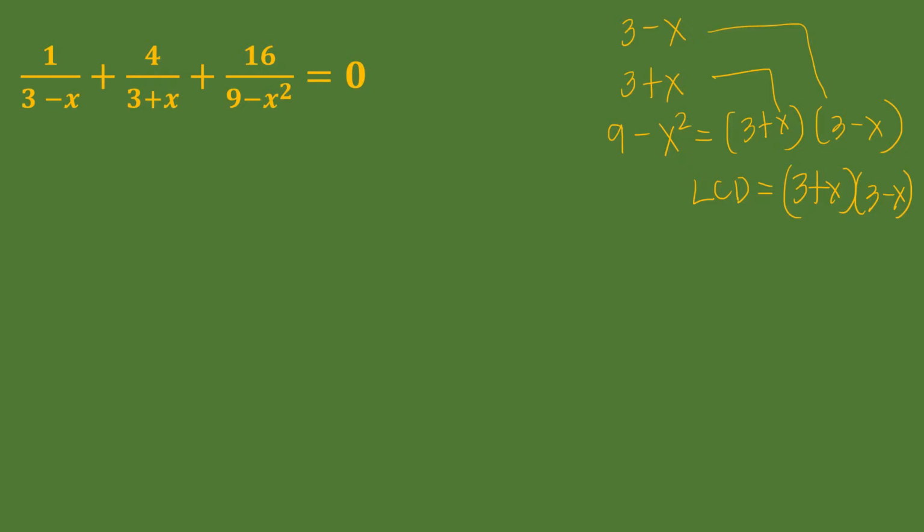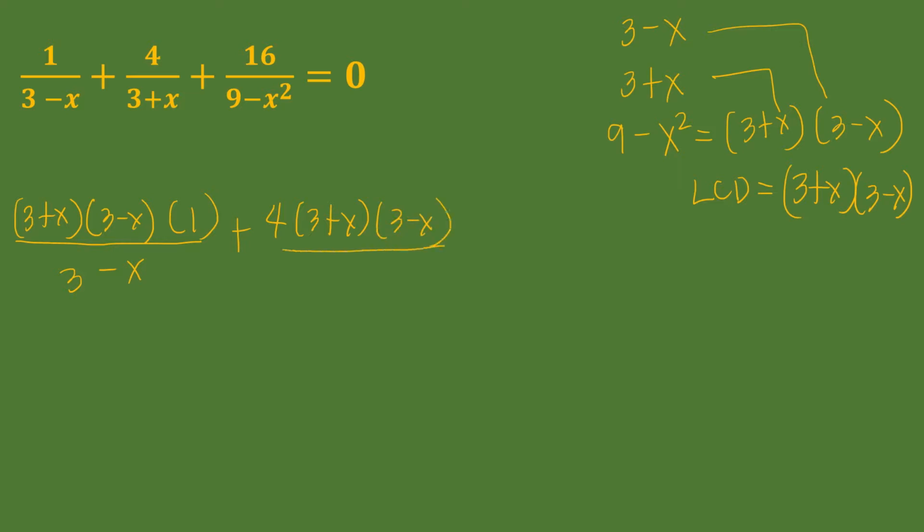So that will be 3 plus x times 3 minus x times your 1 all over 3 minus x plus your 4 times 3 plus x times 3 minus x all over 3 plus x, this is x, is equal to, plus 16 times 3 plus x, 3 minus x, all over your 9 minus x squared equals 0.